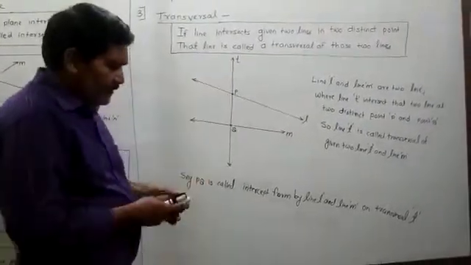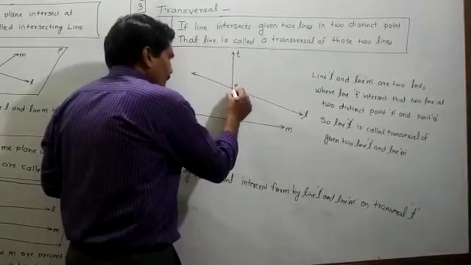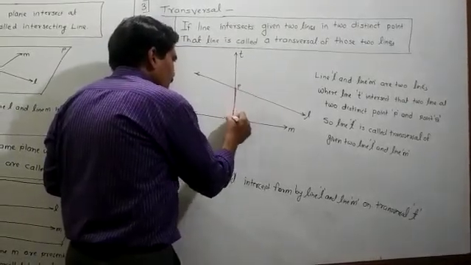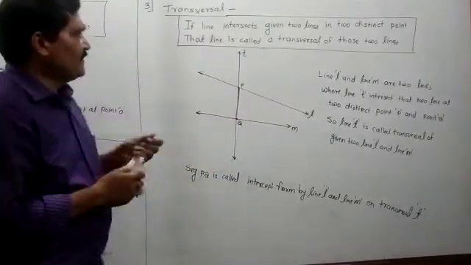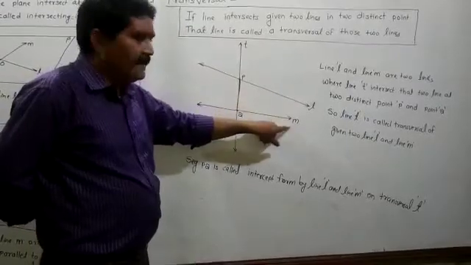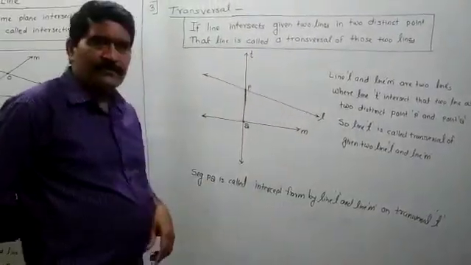This portion, whatever I draw with the red pen, is called the intercept. I will read this as: transversal T intersects line L and line M at two distinct points P and Q.